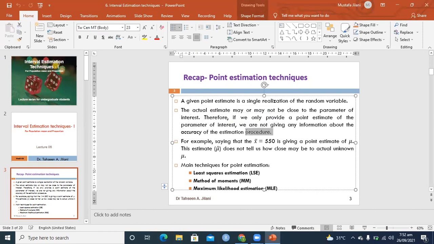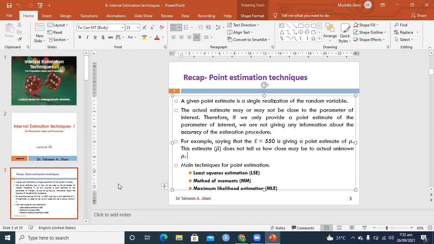So we want another method of estimation that gives us the information about the accuracy of the estimation. At this moment in point estimation, we just get a single value, like this example showing the SAT score average value for the sample data 550, and we don't know anything about mu.